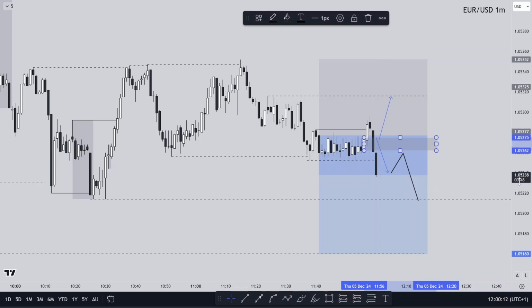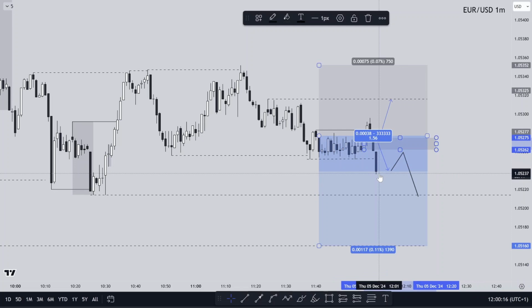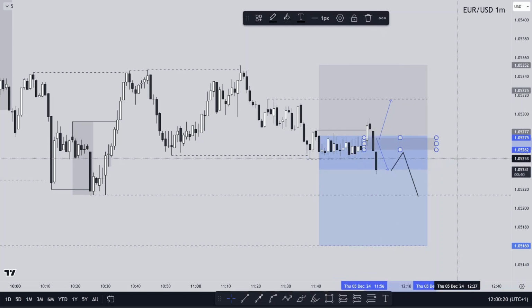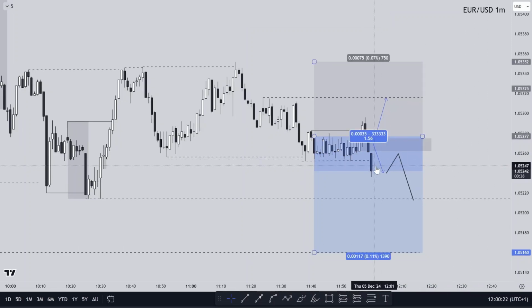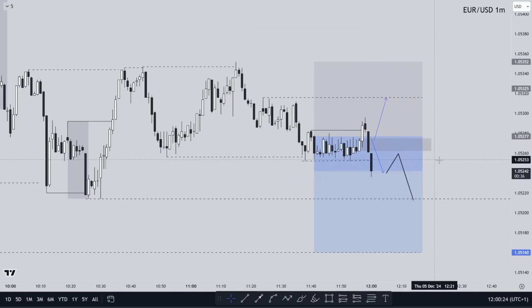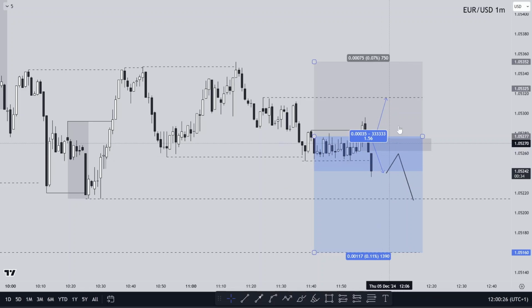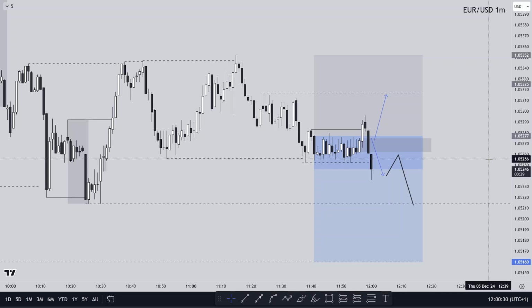So now let's see how this candle closes. If this candle closes above this level, probably I'll close my position, because it will be really realistic then to see the price higher. So let's see. I am ready to close my position on the other device.